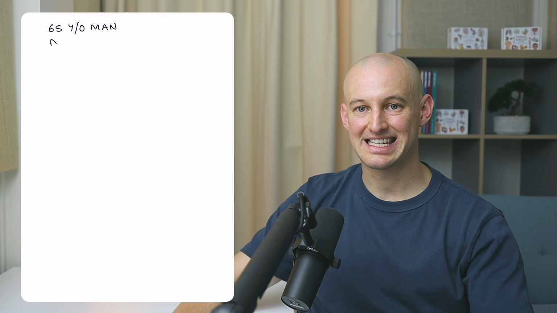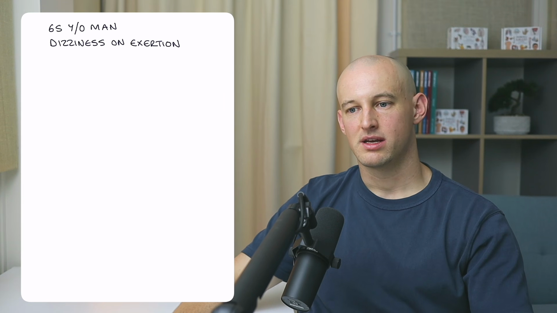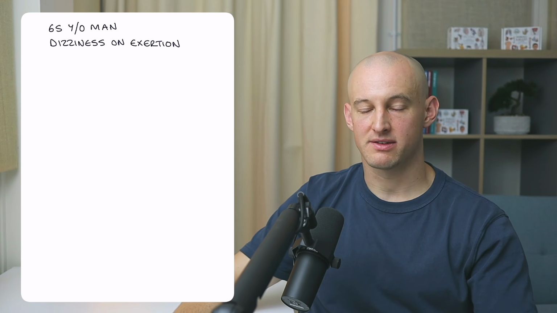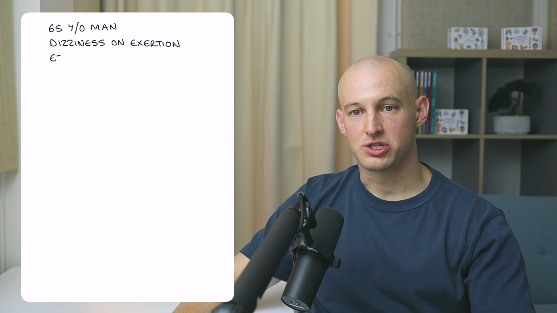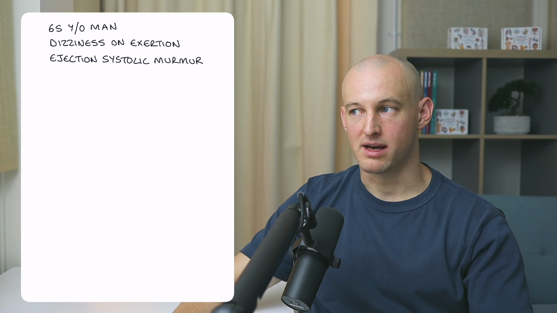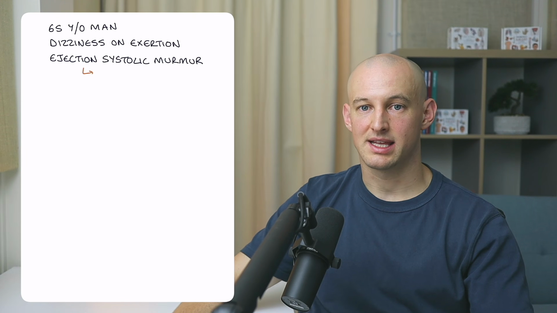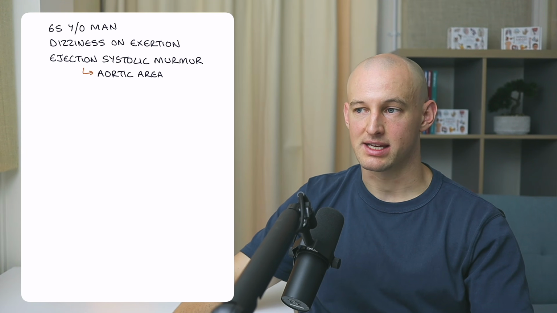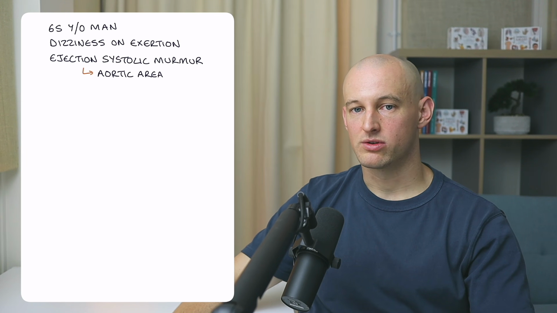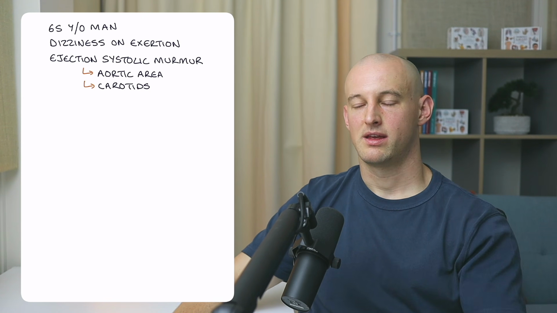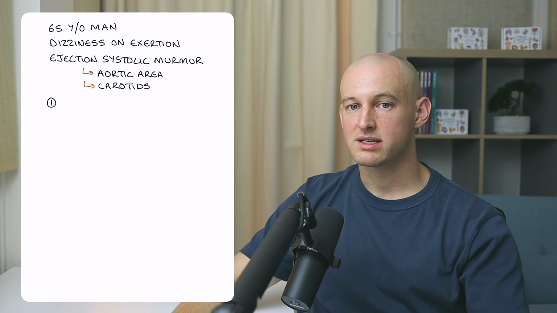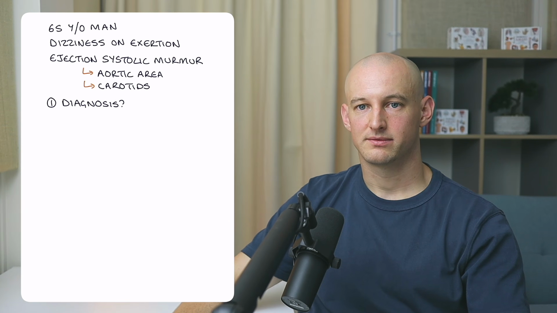Next case is a 65-year-old man who presents with dizziness on exertion. So he finds, say, walking up a hill, he starts to feel a bit dizzy. When you examine him, he has an ejection systolic murmur, which is heard loudest in the aortic area of the chest. And the murmur can also be heard when auscultating the carotids. Question 1. What's the suspected diagnosis?